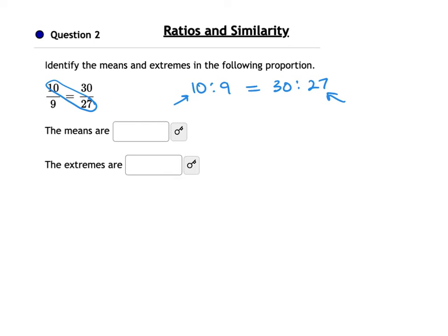And the inside ones are the means. 9 and 30 are the means, and the extremes are 10 and 27.